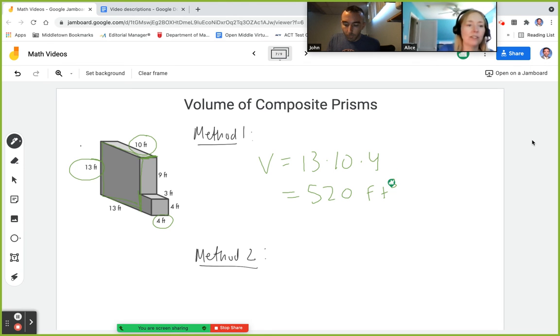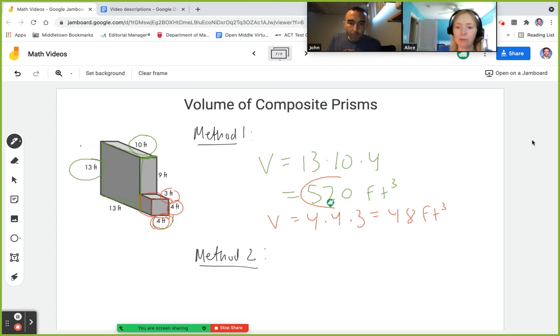So now I'm going to do the second one. And again, I just like to outline to help me catch the right dimensions. Plus I like to use colors. So it's going to be 4 by 4 by 3. So that volume, 4 times 4 times 3, is going to give me 48 cubic feet.